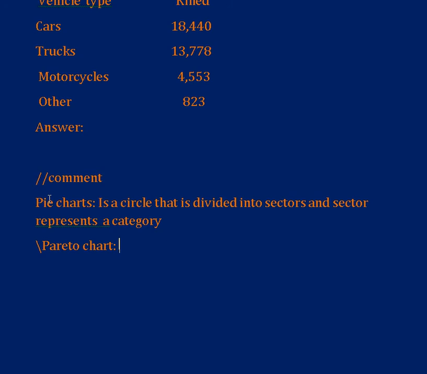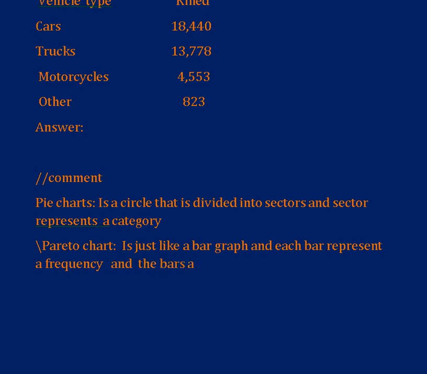So I'm going to write down, it's just like a bar graph, and each bar represents a frequency, and the bars are arranged in decreasing order. So that's what Pareto charts are.